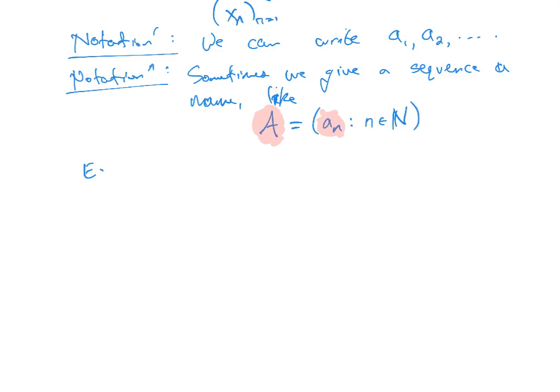So let's do some examples. One. Let's define a sequence by x of 1 equals 1 and xn equals n times xn minus 1 for n at least 2.